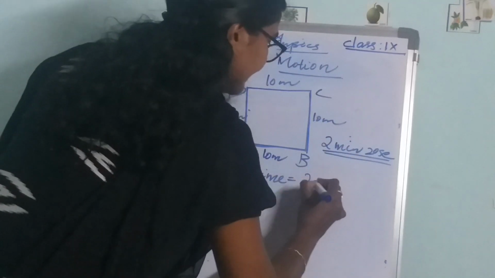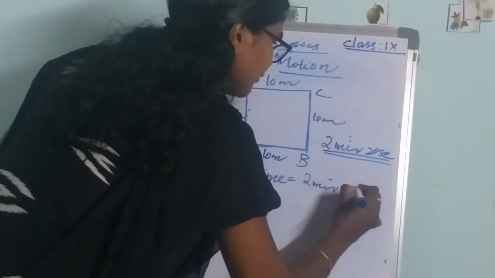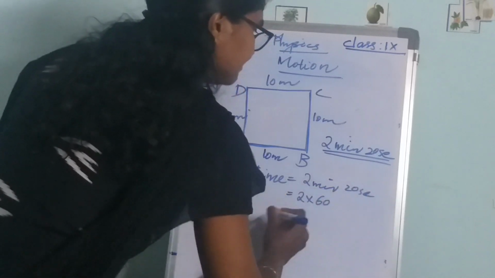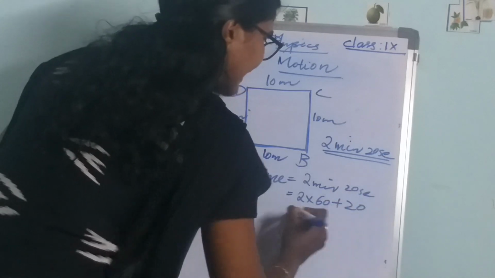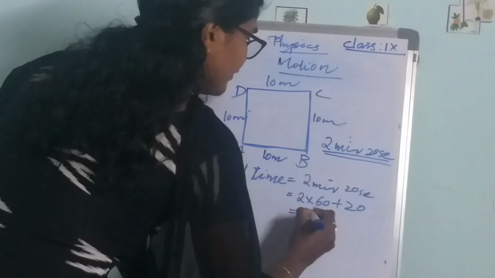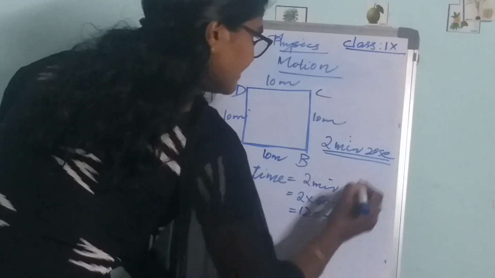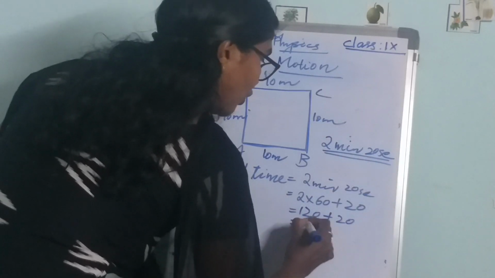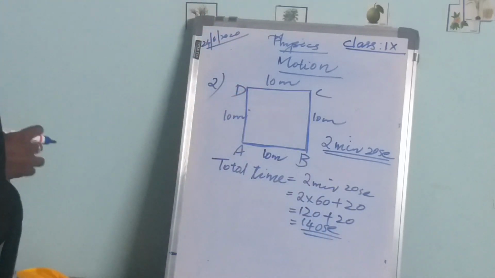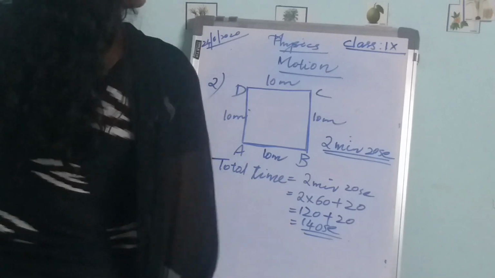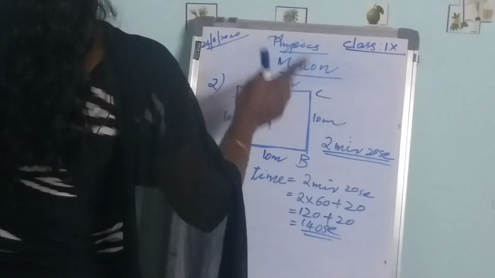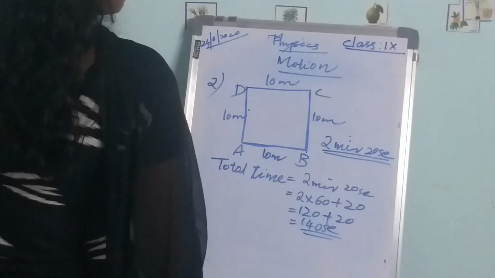Total time is 2 into 60 plus 20 seconds, 120 seconds plus this 20 seconds. So total time is 140 seconds. So after the end of 140 seconds, we have to find the displacement of the farmer.